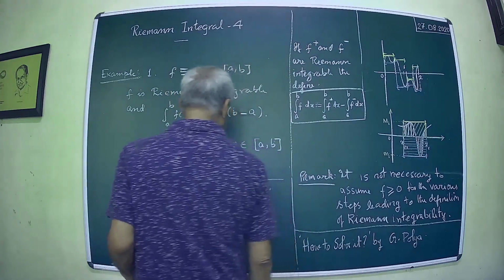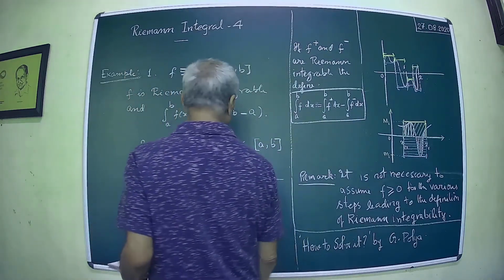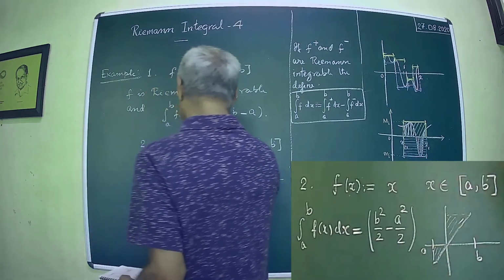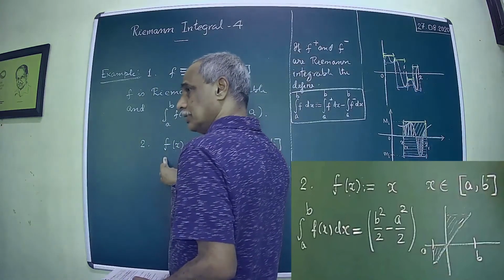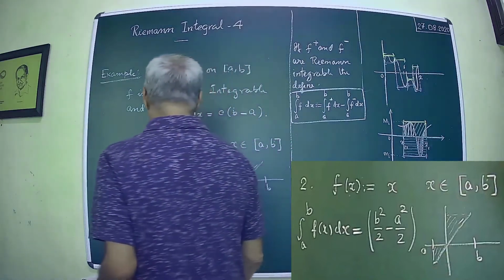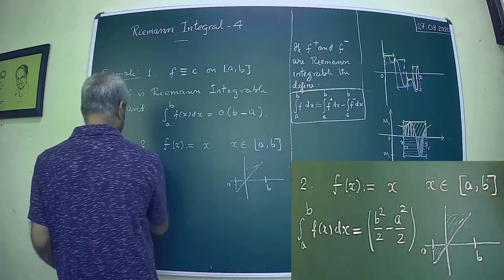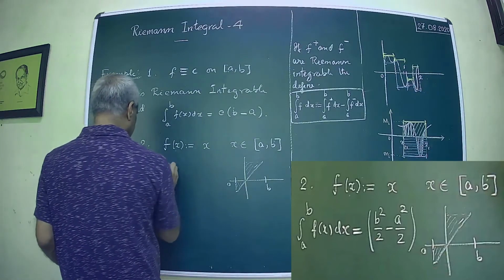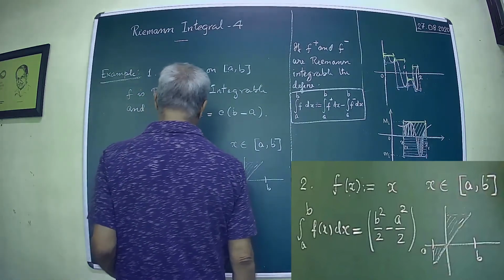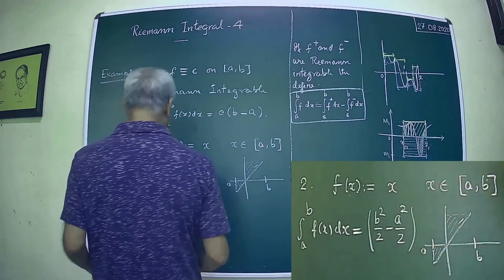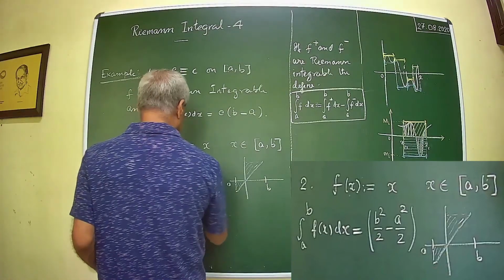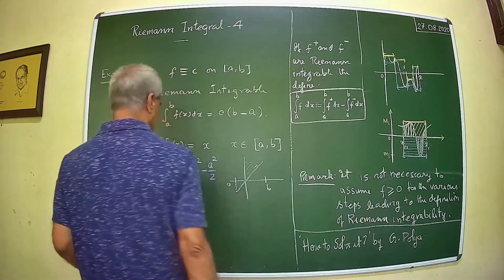Then you can once again try to go through that exercise, whether this is Riemann integrable or not, and show that both the upper integral and the lower integral are equal in this case, and this is given by integral A to B equal to b square by 2 minus a square.